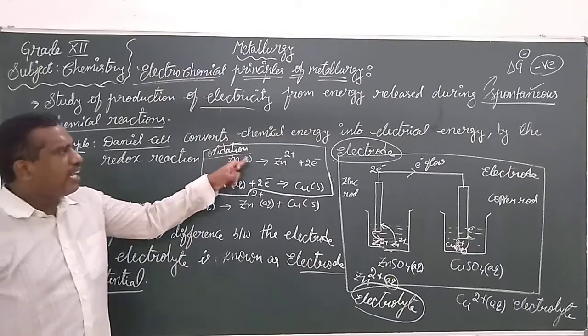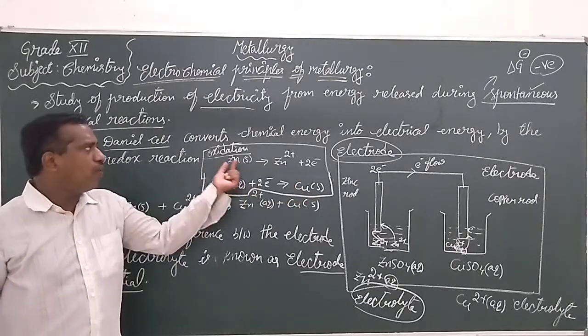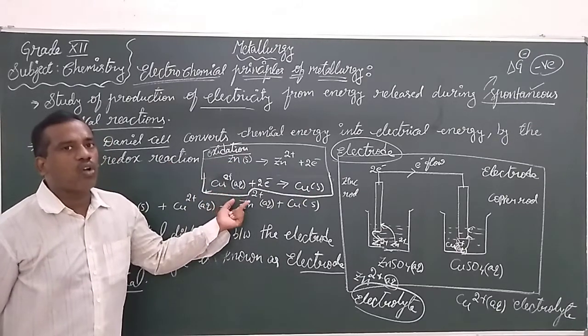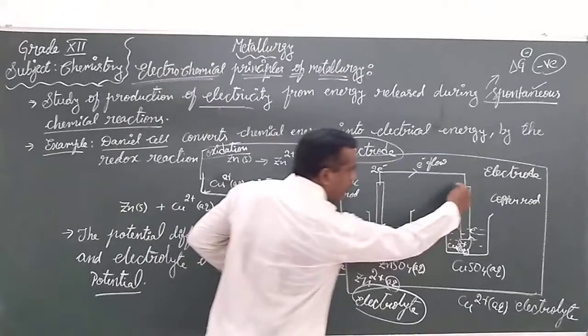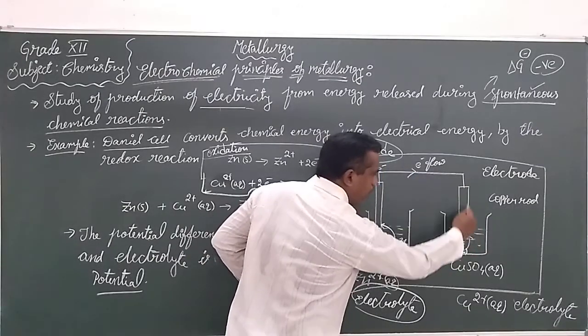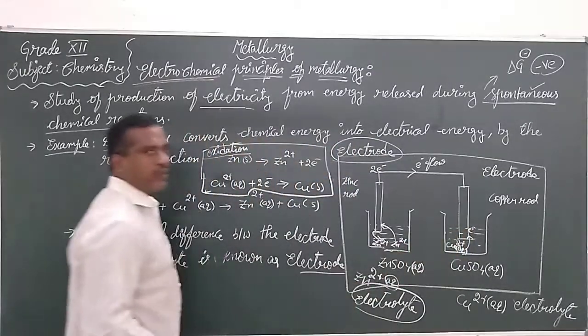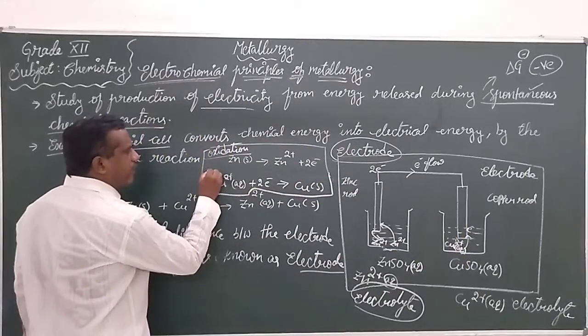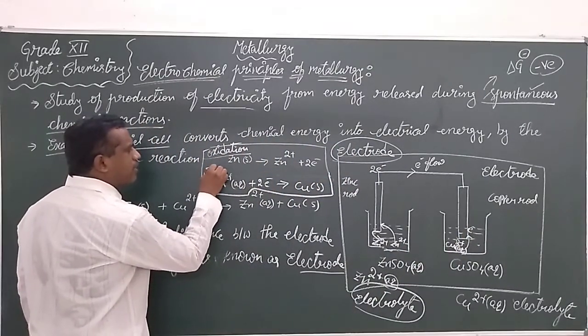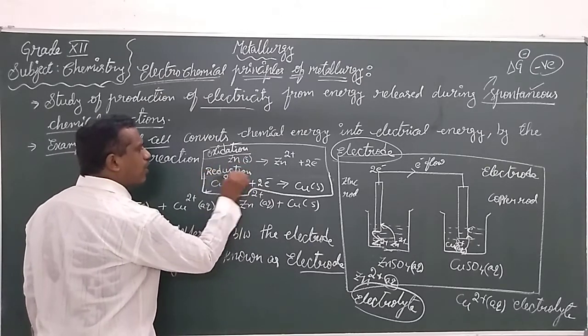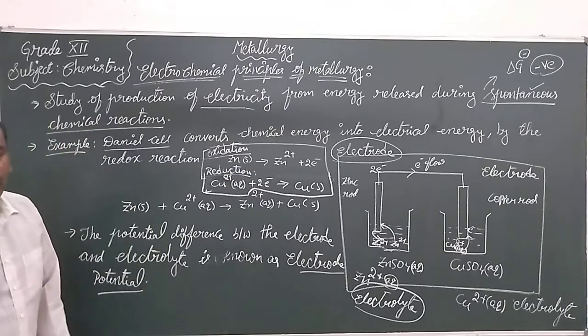This part where the electrons are lost, we say it is undergoing oxidation. Then what do you call it with copper? The electrons that flow here, the copper ions are accepting them and they are deposited on the electrode. This reaction where the copper is accepting the electrons, we call it copper undergoing reduction.